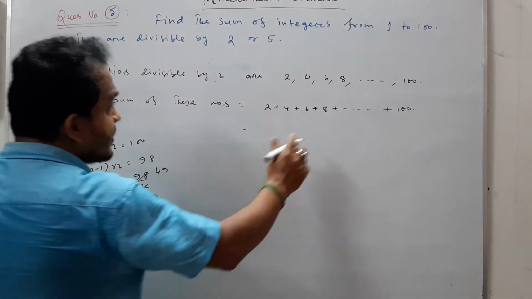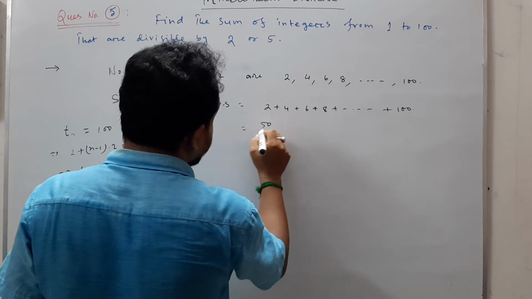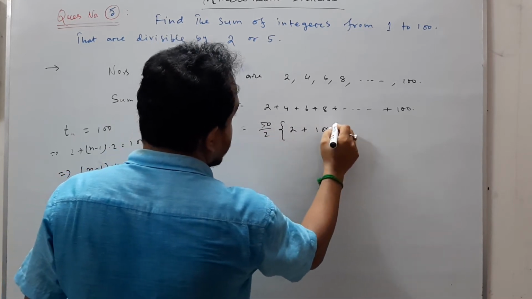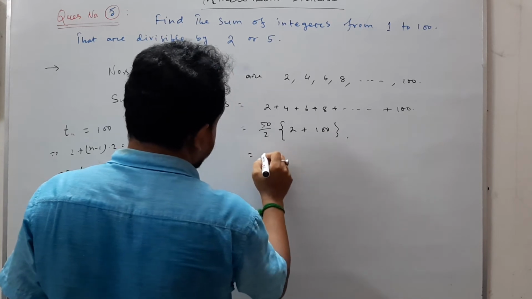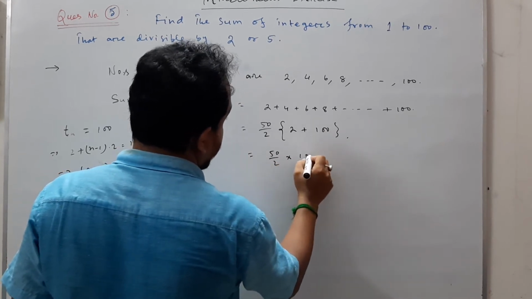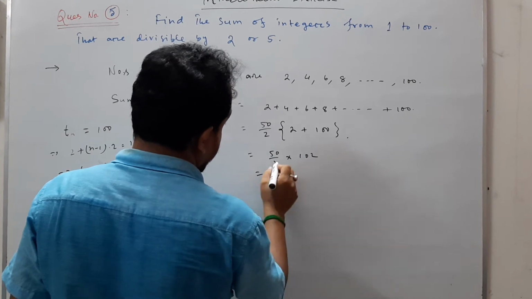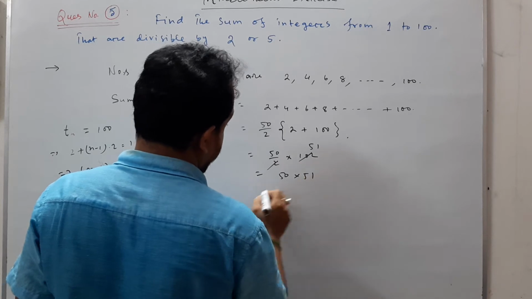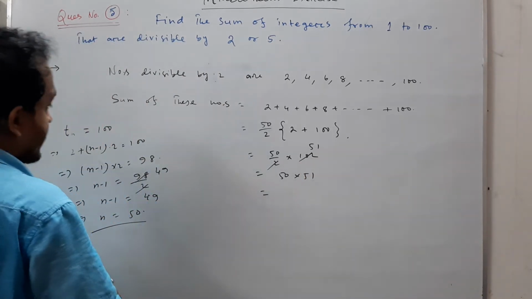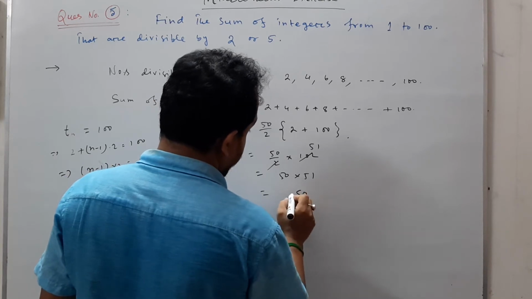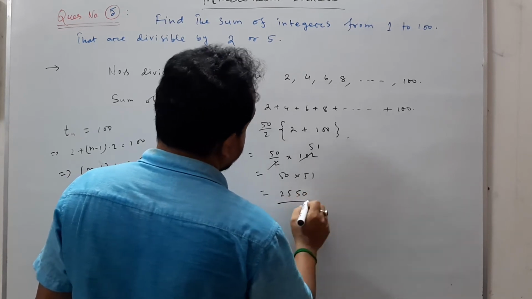So the sum of these 50 terms is equal to 50 divided by 2 into first term plus last term. That means 50 by 2 into 102, dividing this we get 50 into 51. So how much do we get here? 2550.